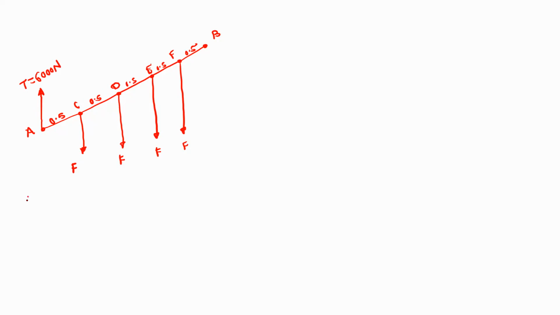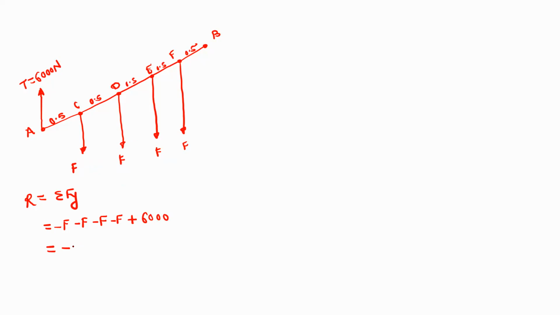So resultant R is equal to summation Fy. All these forces are acting in the negative y direction. So the equation will be minus F, or simply we can write minus 4 into F plus this 6000 Newton.